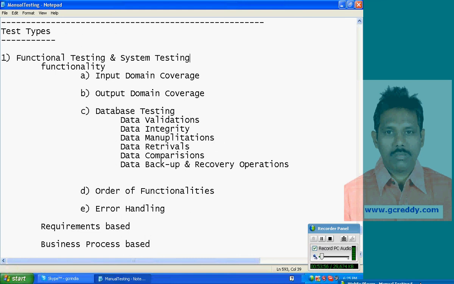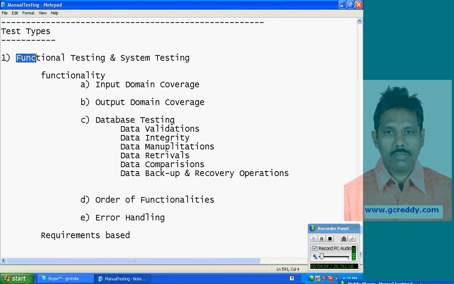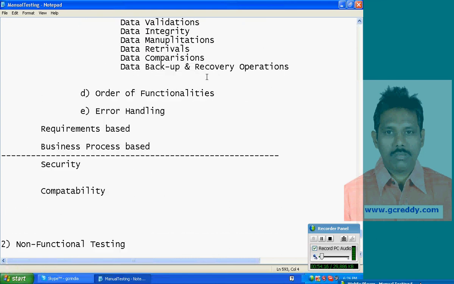It is also part of unit testing, integration testing, and acceptance testing. It has independence. So here, functional and system testing means functional testing at system testing level.